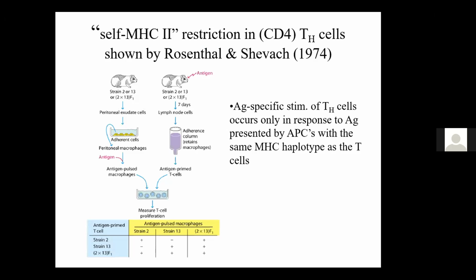If you have the LCM virus, it is an intracellular pathogen, and that can be presented to the CD8 or cytotoxic T cells. But if you have an antigen that is not intracellular, this can be recognized by the T helper cells.